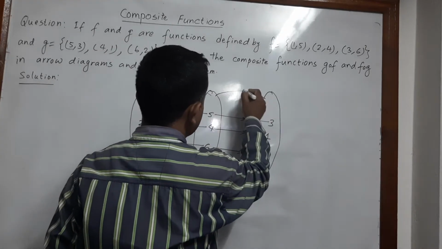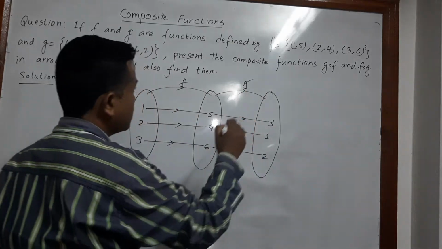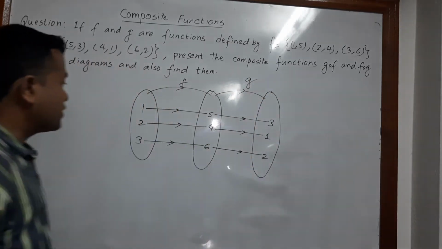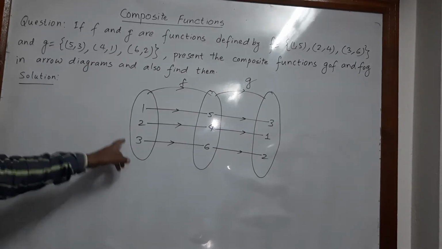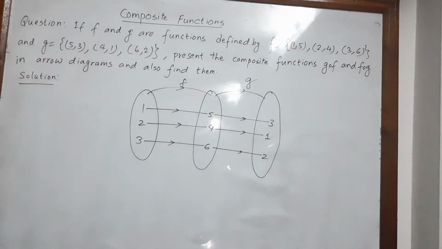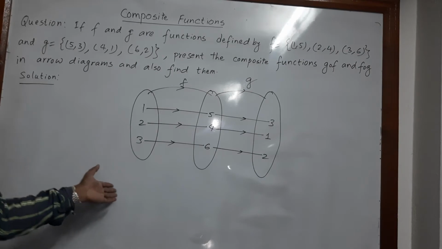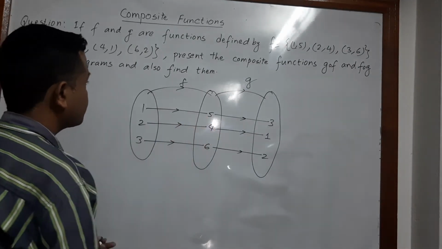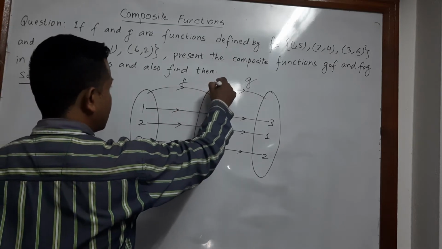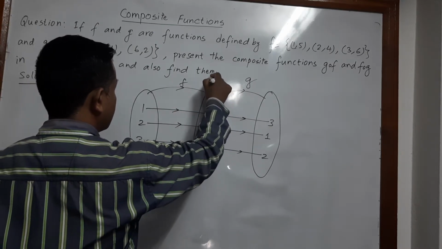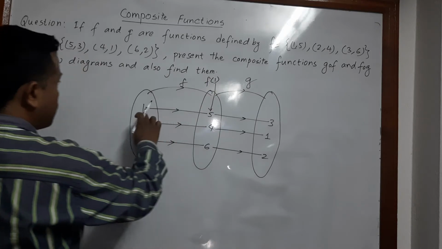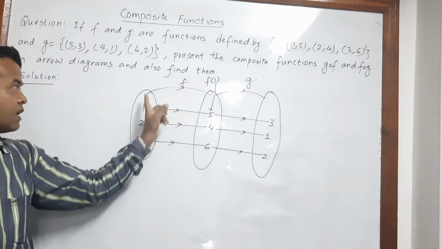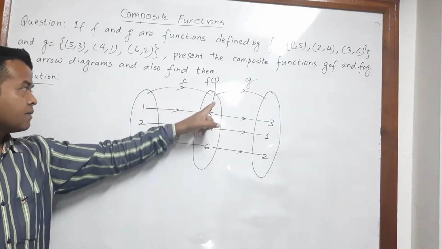So this is function g, and here this overall composite function is g of f. Why is it g of f? Look here, this 5 is the image of 1. This 5 is the image of this 1, f of 1; f operates on 1 and we get 5.